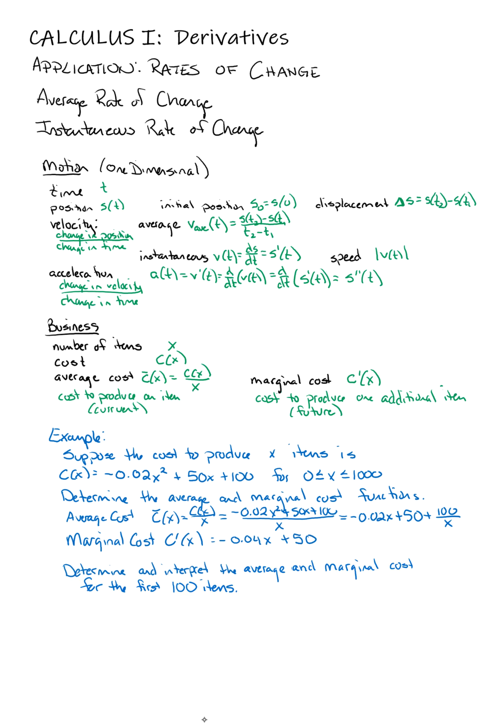So what's going on here? Well, in this case, we want to evaluate this at 100. So c bar of 100, well, that's negative 1/200 times 100 plus 50 plus 100 over 100.